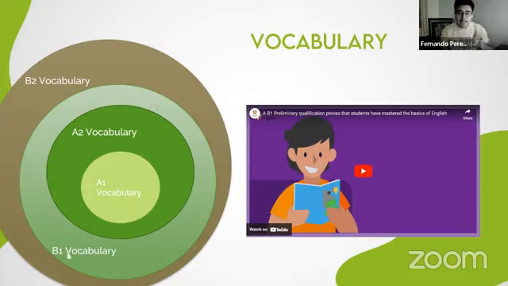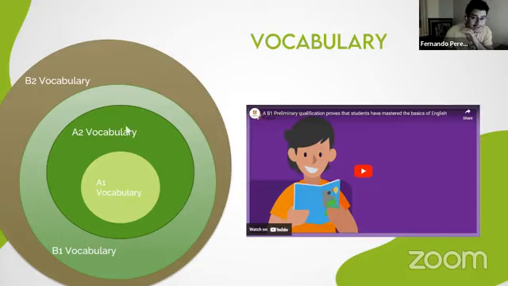Of course, B1 vocabulary is connected to A2 vocabulary, and A2 vocabulary is connected to A1. The minimum you need to dominate is the A1, A2, and B1 spectrum.